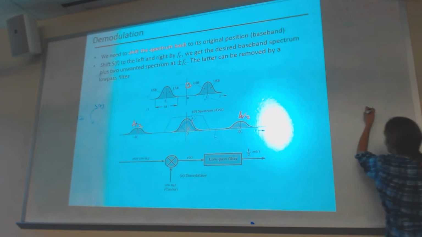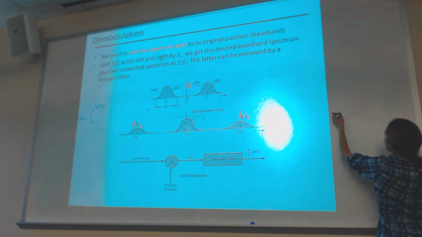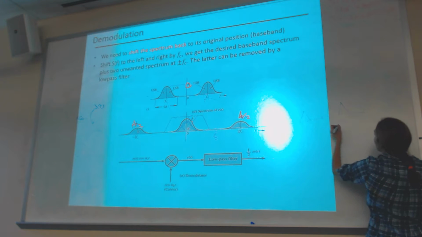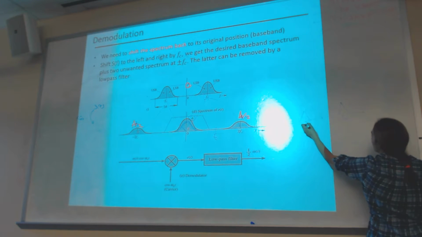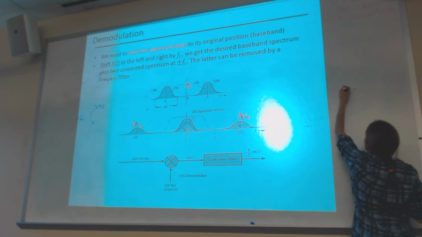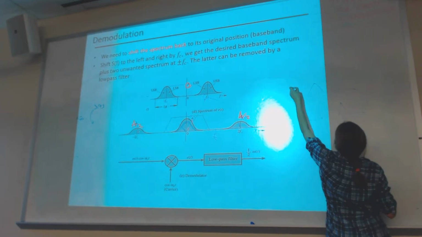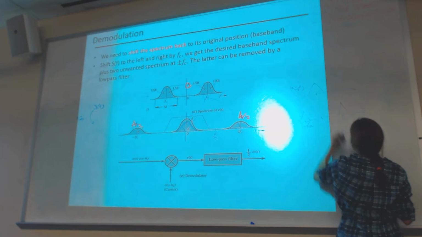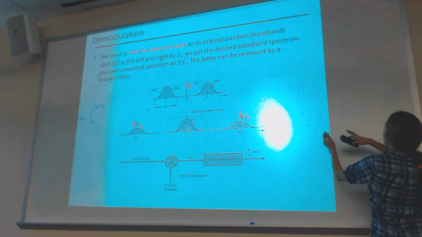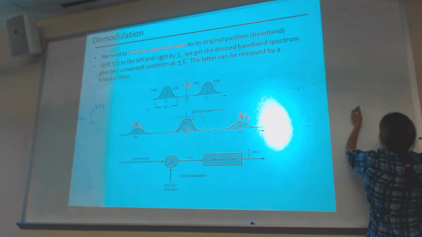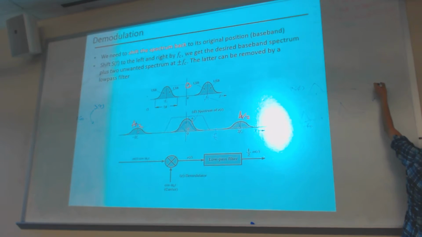Okay, look at it. Let's look at a triangle, from minus Fc to Fc. This is my original, this was M(f). After modulation, in the time domain I multiply m(t) by some cosine.